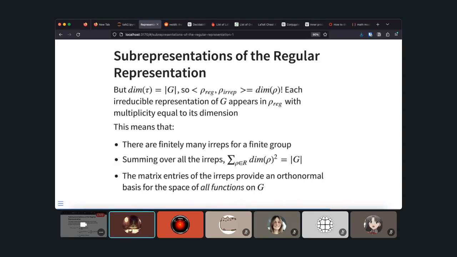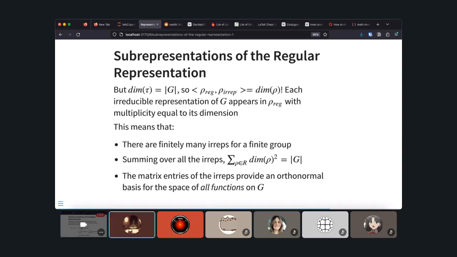The sum of the squared dimensions of the irreps is equal to the size of the group. Then you might be asking, all right, I know that there are finitely many irreps, but it turns out that there are as many irreps as there are conjugacy classes of the group. For an abelian group, every element is its own conjugacy class.